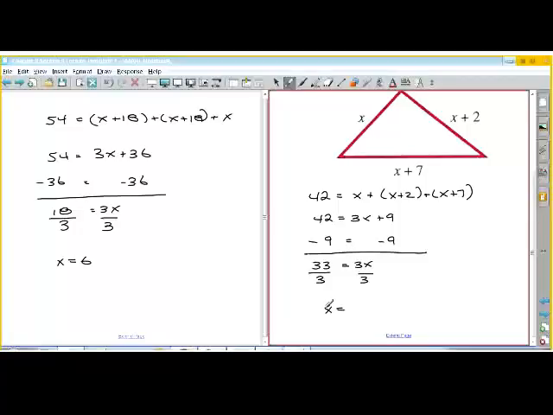Divide both sides by 3. Solve for x. You get x is 11. So this side is 11, this side is 13, and this side is 18. So I just take the value of x that I've determined and plug it back in to the original triangle.